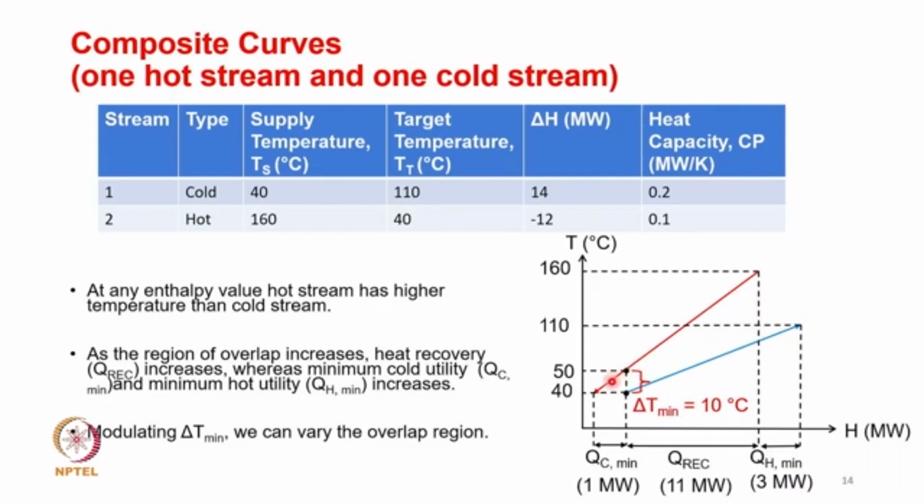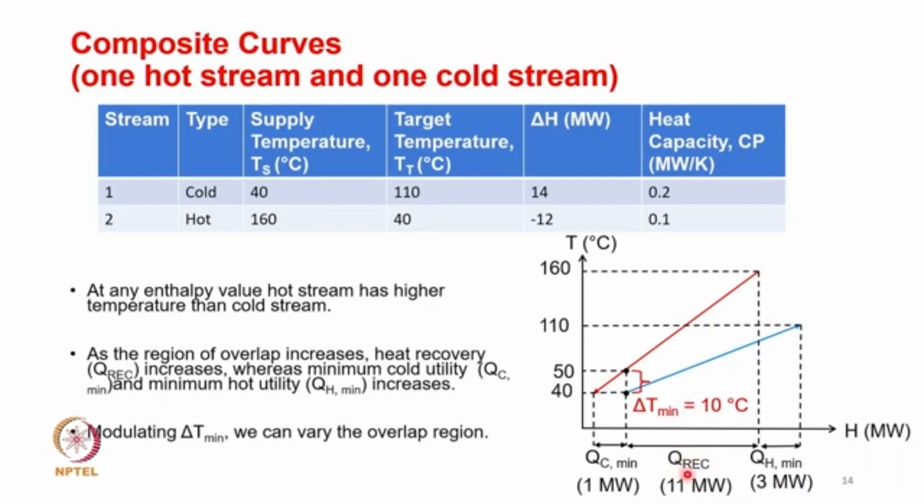Your red line, which is the hot line, is extending beyond the blue line, and of course, at this part of the curve, the blue line is also extending beyond the red line. So, the maximum possible heat transfer will happen only at this region of overlap.